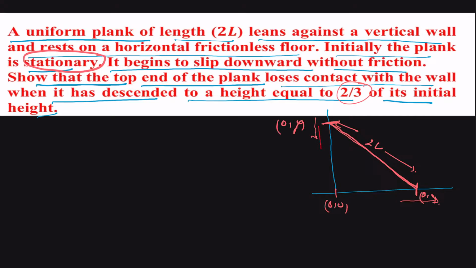So the initial height is y and the initial horizontal distance is x. In this question the solution is based on one important equation that we can call a length constraint.